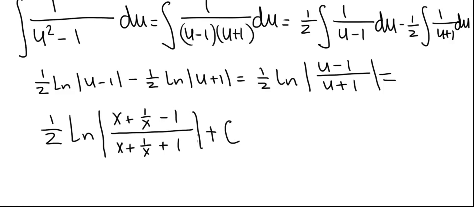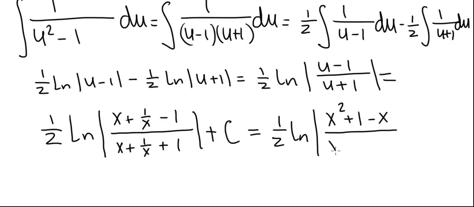And we can simplify this by multiplying everything inside the log by x over x. So this is equal to 1 half natural log of the absolute value of x squared plus 1 minus x divided by x squared plus 1 plus x, plus c.